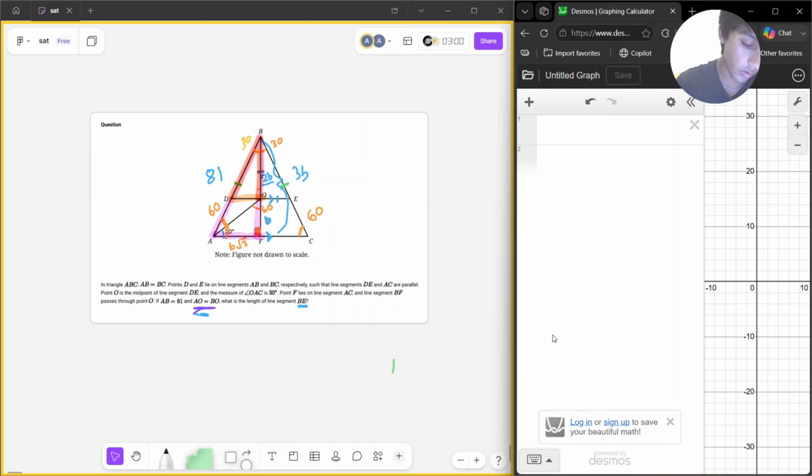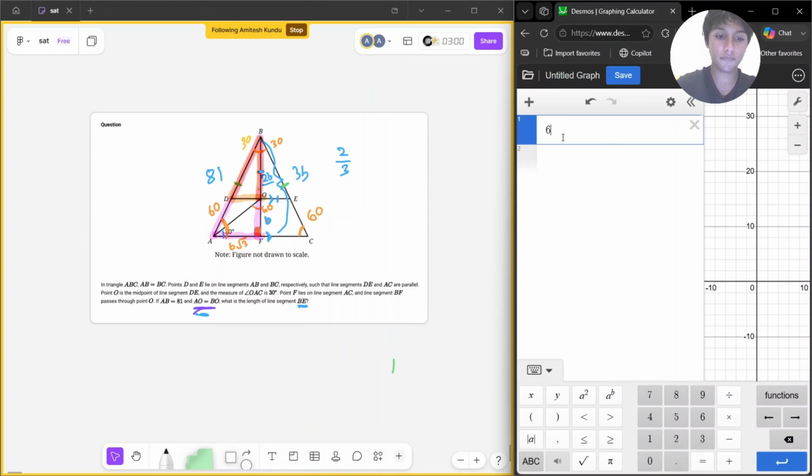So now that we know the scale factor of 2/3, we have to multiply 81 by 2/3. So we get this side, which is 54, and this side must be equal to BE because they are the same triangle. So this is also 54. So that's our answer, 54.